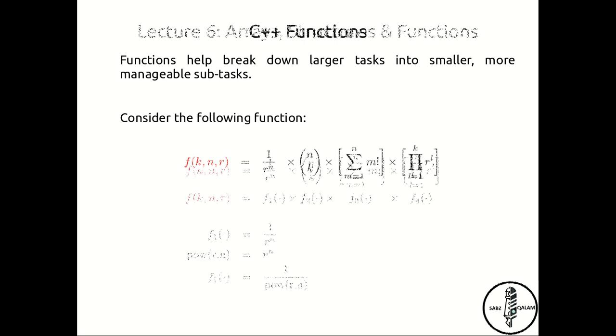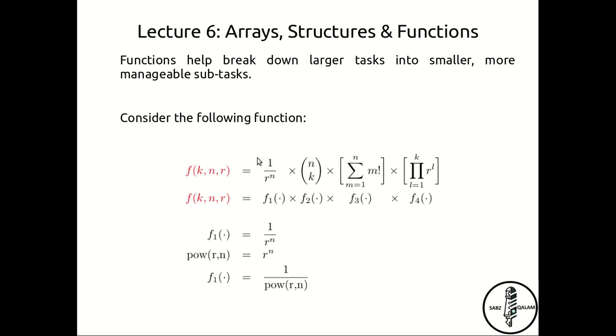Now consider this. Suppose the same function that we are looking at is actually 4 sub-functions, where this is f1, this is f2, this is f3, and this is f4. If we look at the first function, it's actually 1 over R^n. Now it's 1 divided by R^n, and this particular R^n can actually be written as power(R, n).